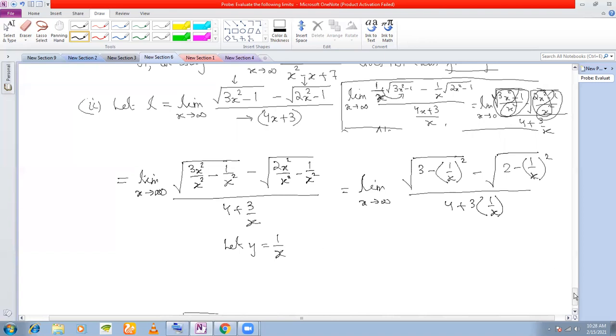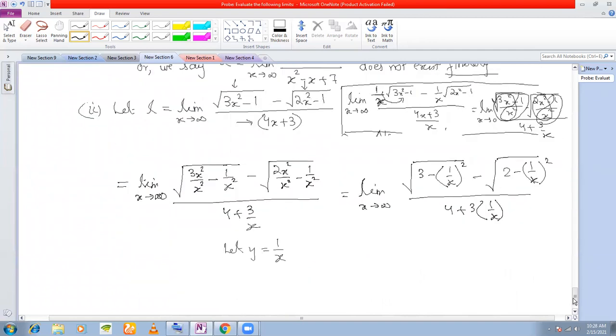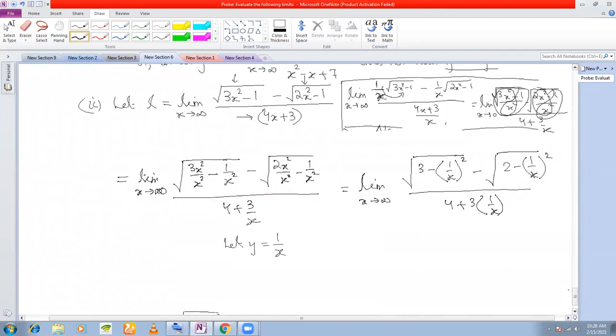So instead of substituting at first, in the beginning... Tell me, I cannot hear you properly. If we put x is equal to infinity, then 1 by x is equal to 1 by infinity is 0. Yes, you can. You can do that also.